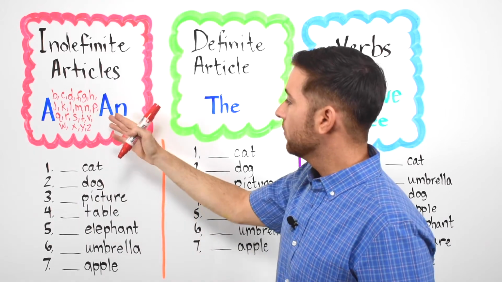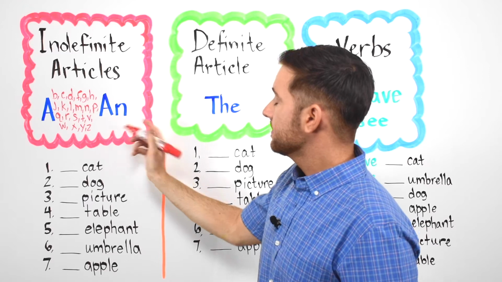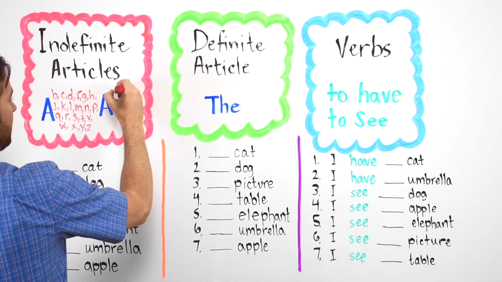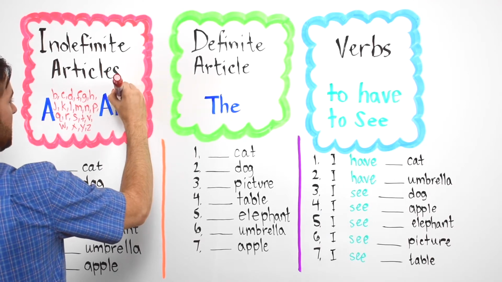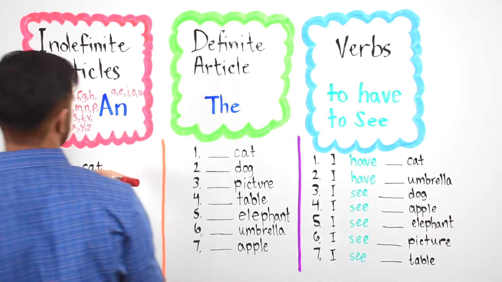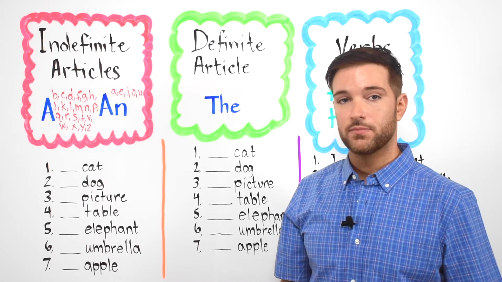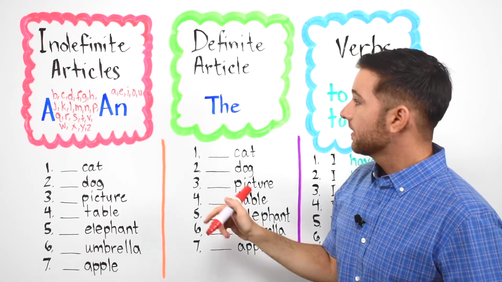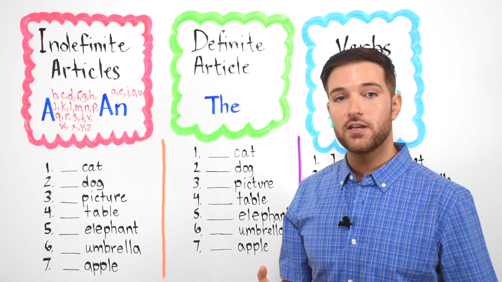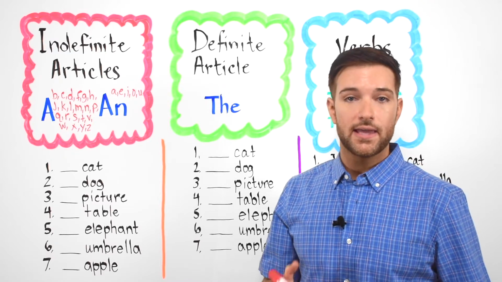Now with the article an, A-N, this comes before a noun that begins with a vowel, being A, E, I, O, and U. A, E, I, O, and U are vowels. Now, they don't constitute a separate part of speech, but because they are associated with and come before nouns, they look and they act a lot like adjectives.